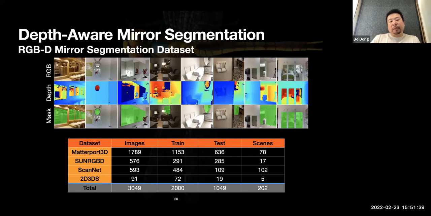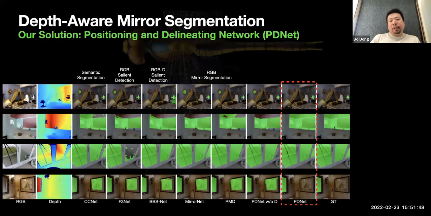Also, at the moment, this dataset is still the largest dataset for RGBD-based mirror segmentation. The result looks very promising. We still get the best result. We compared with many other approaches, for example semantic segmentation, RGB-based saliency detection, RGBD-based saliency detection, and also RGB-based mirror segmentation.